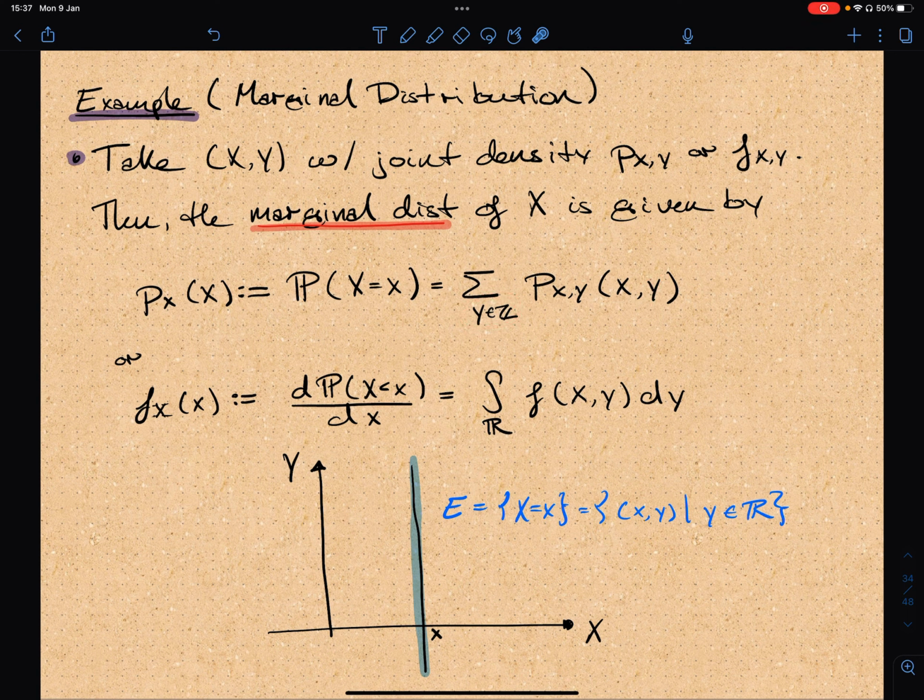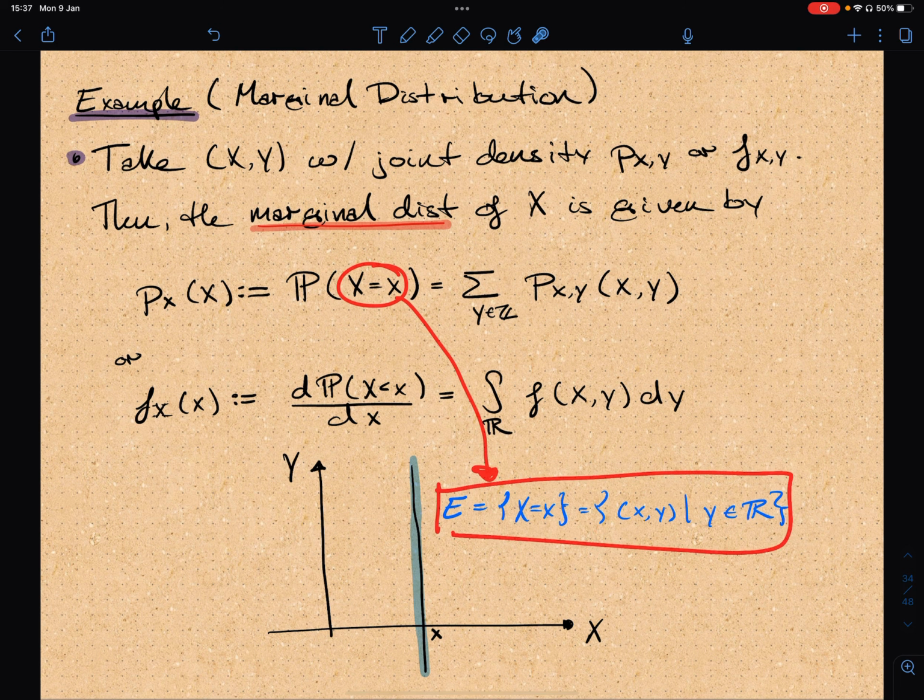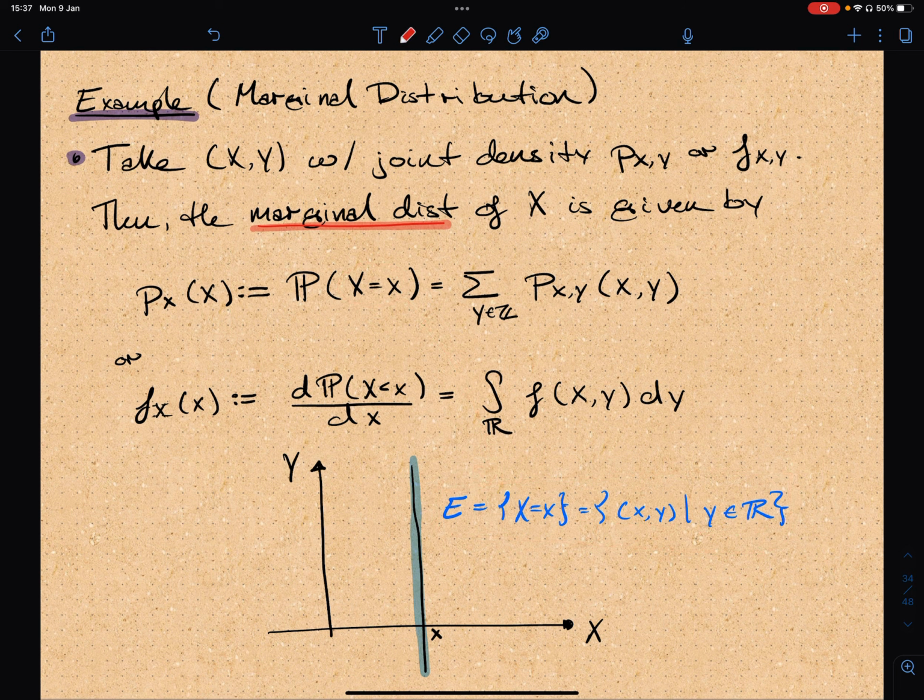The event x equals x corresponds to all pairs xy such that y is any real, or complex, really, depending on the continuous or discrete case.